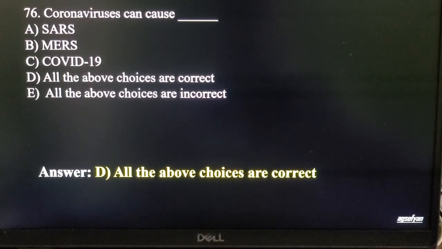All areas of this earth have COVID-19 infection, and all of them are caused by a group of viruses called coronaviruses, which are a type of non-segmented RNA viruses. Learn about viruses in chapter 25, RNA viruses.